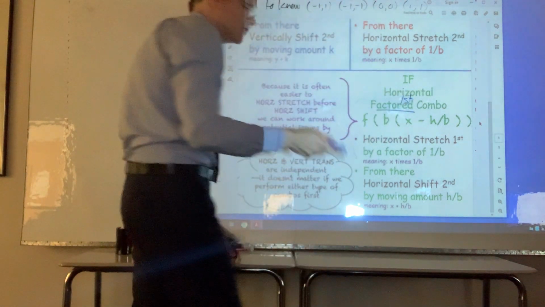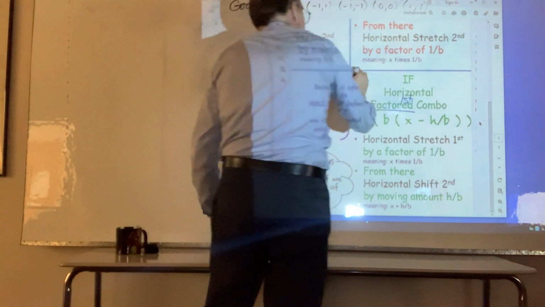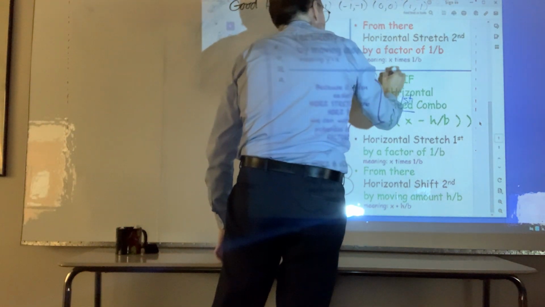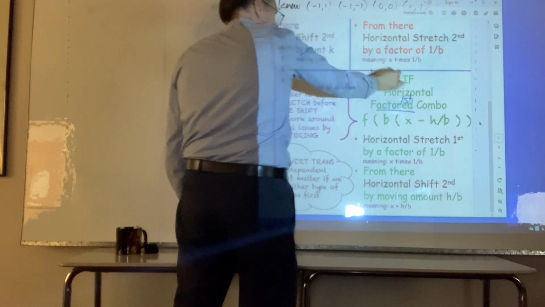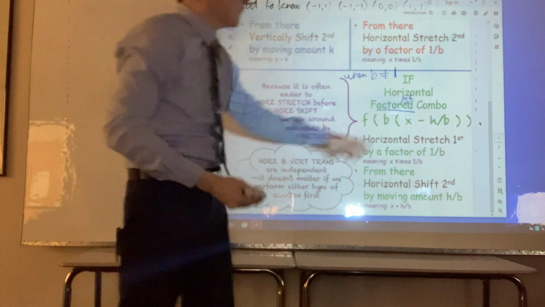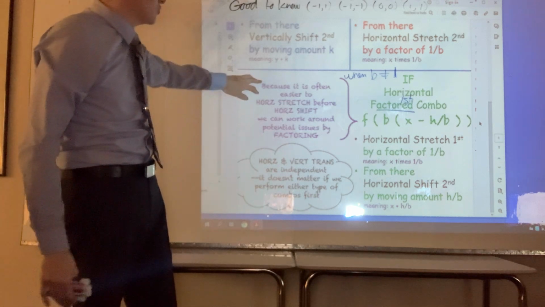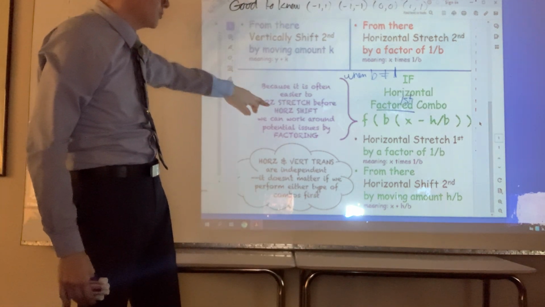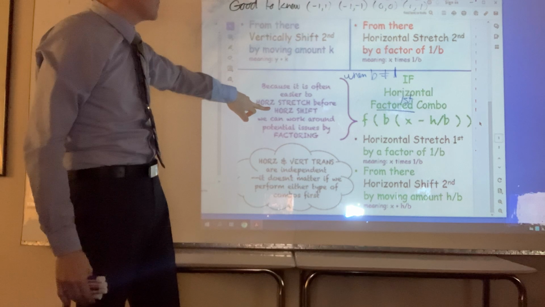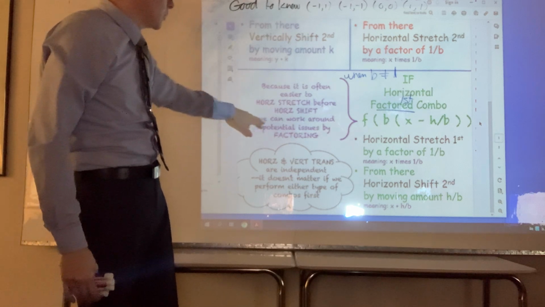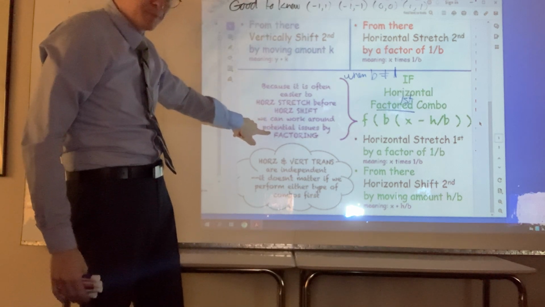When you have a b not equal to just a nice 1, factor. Because it is often easier to horizontally stretch before horizontally shifting. We can work around that by potentially factoring.